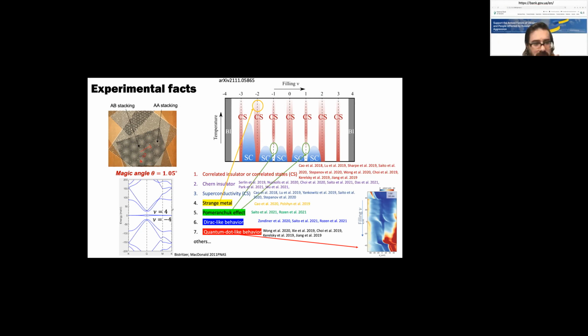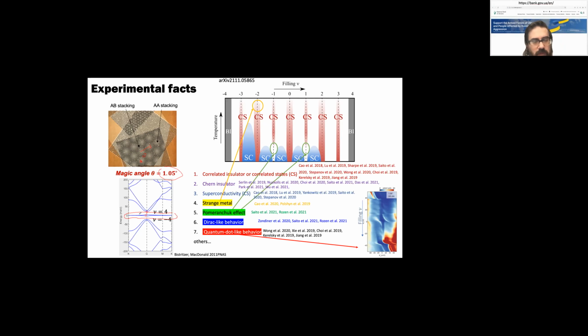And the band structure that is created comes from one of these models, the most famous one being the Bistritzer-MacDonald model, where at an angle of 1.05 degrees, you get two very flat bands and a small gap to the next bands, what we'll call passive bands, at the gamma point in the moire Brillouin zone.